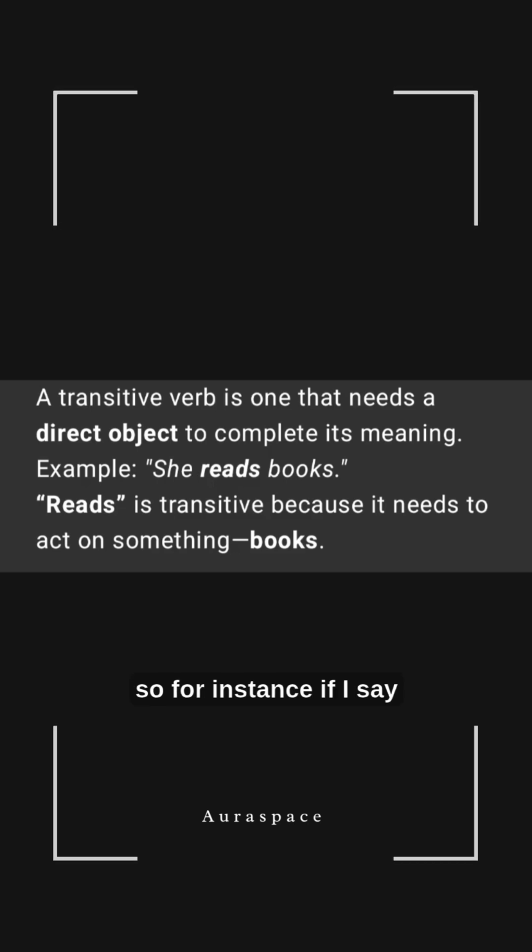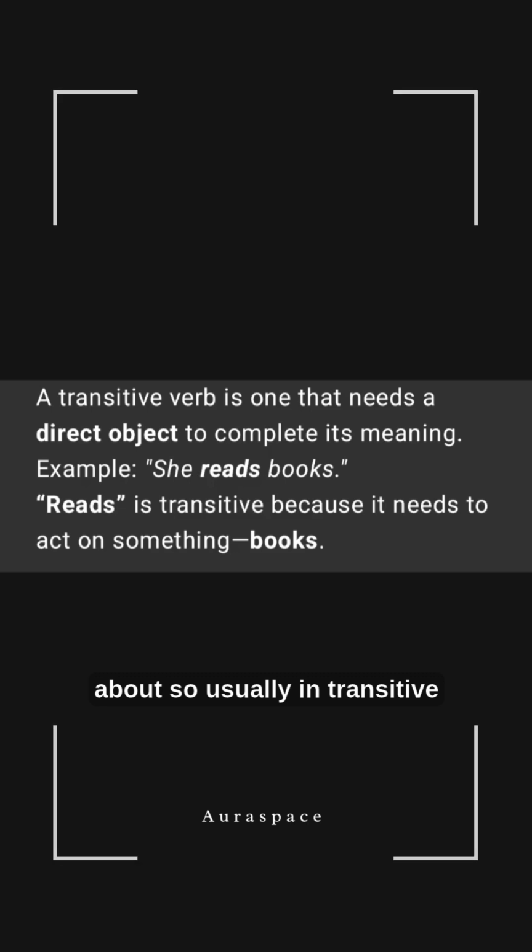I hope you understand. So for instance, if I say she reads books nicely or he sleeps peacefully, the word peacefully or nicely isn't a direct object. It's only an adverb. You understand? So that is what we are talking about.